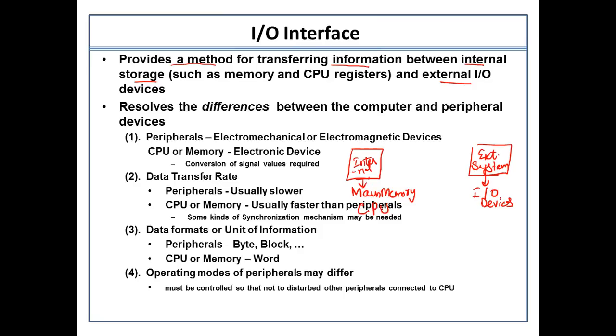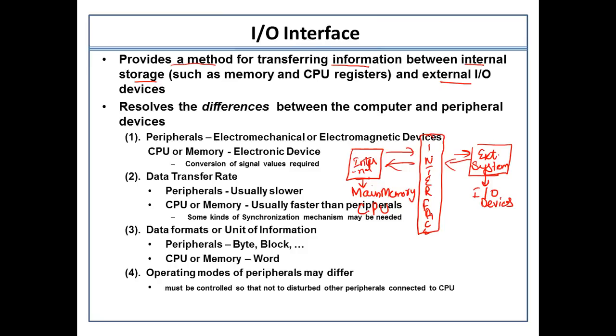In between the internal and external systems, an interface is required for the smooth working and flow of data from the external system to internal, or in both ways, right?